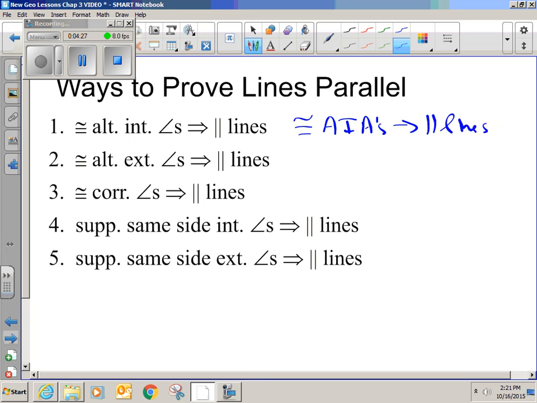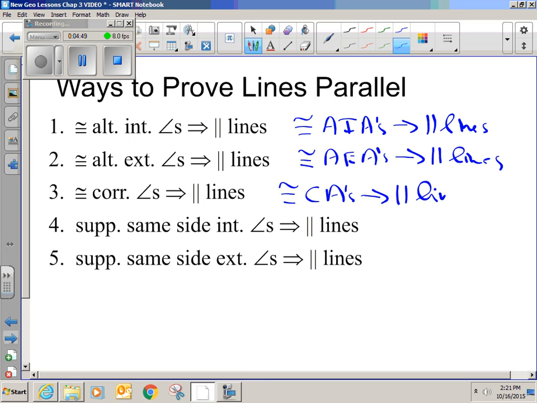Okay? These next ones, 2 through 5, you guys will prove in class, but the shorthands for these are: congruent AEAs yield parallel lines, congruent corresponding angles, or CAs, yield parallel lines, and you remember all these angles from last chapter section.